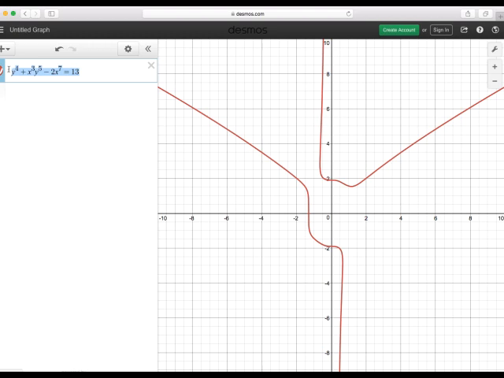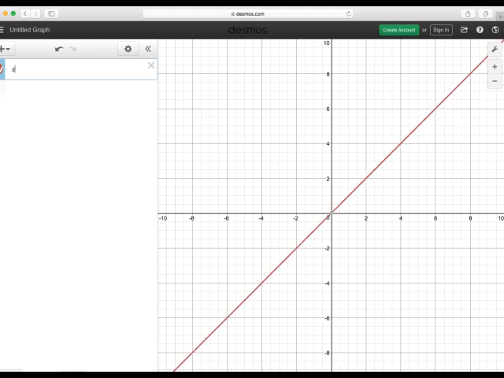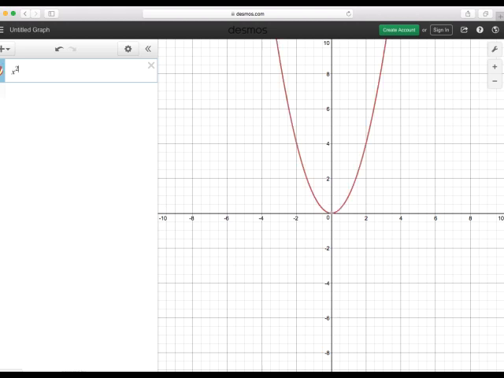Before we actually do that, let me jump onto Desmos so you can see what that looks like. Okay, let's take a look at what that relation looks like. So x squared minus xy plus y squared equals 7.